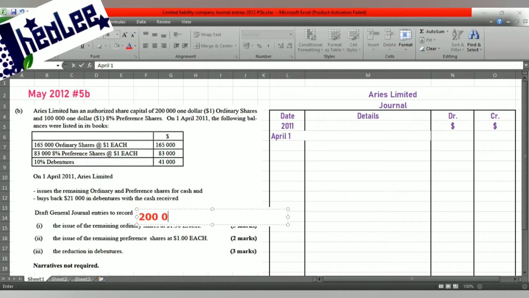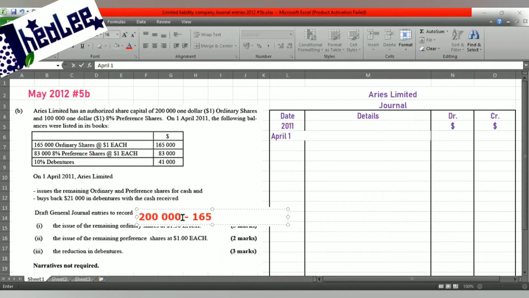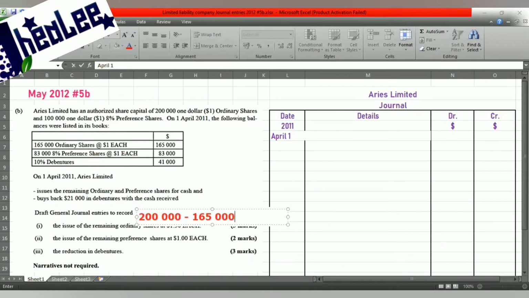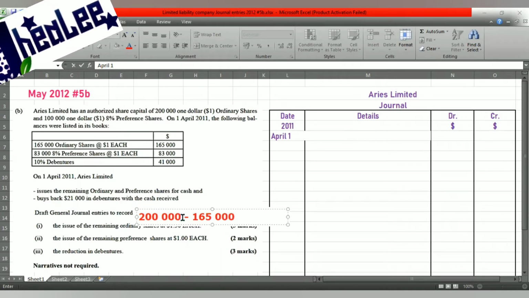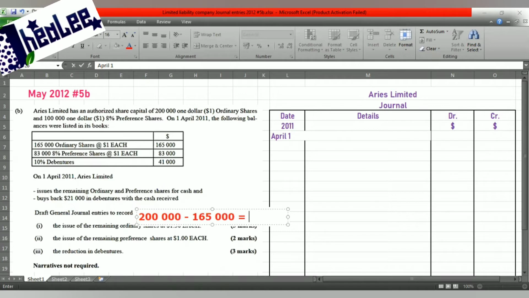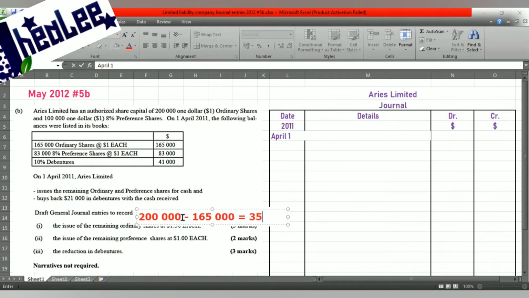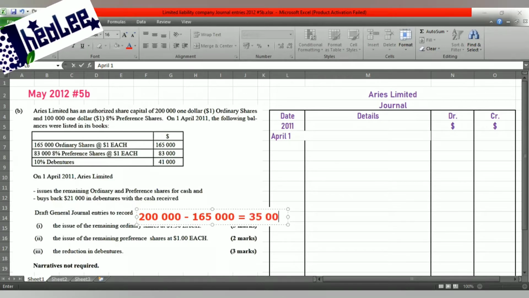So it's 200,000, which was authorized share capital, minus the 165,000 shares that were sold, and then you would get a value of 35,000.